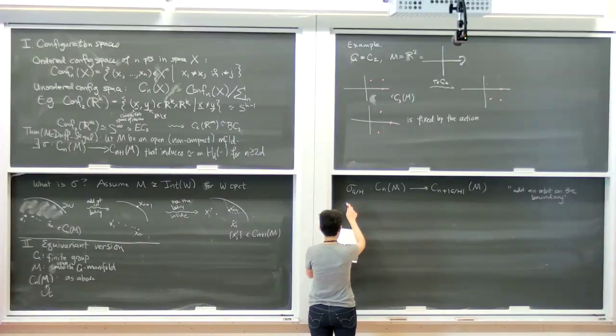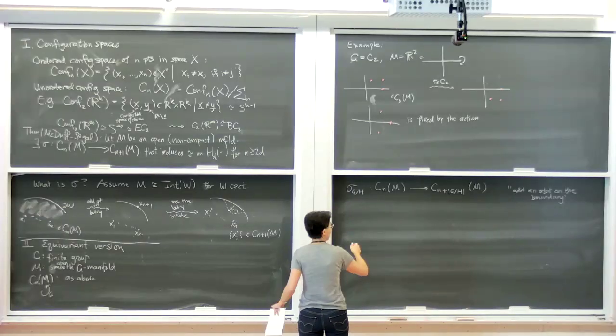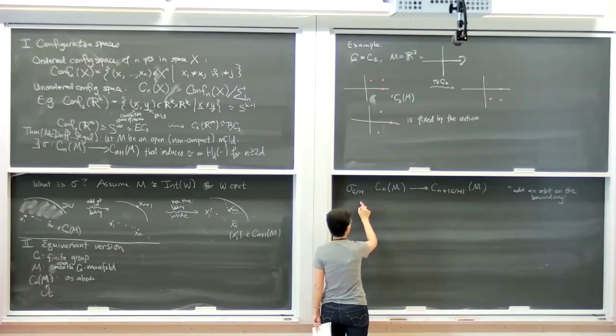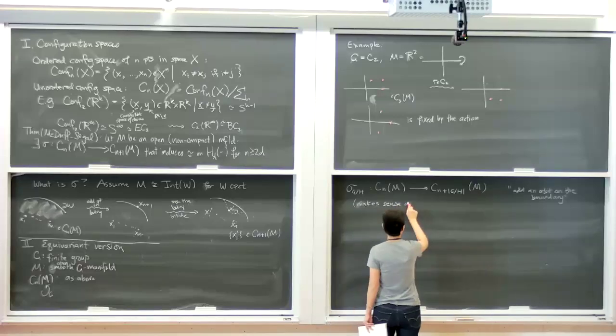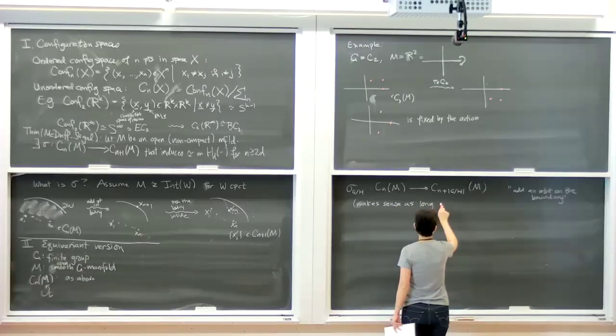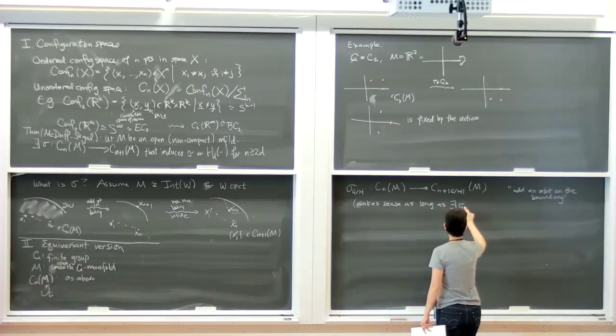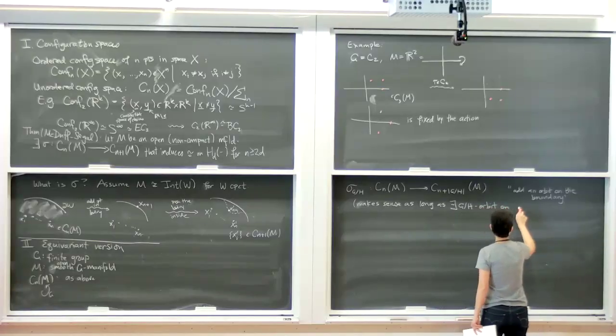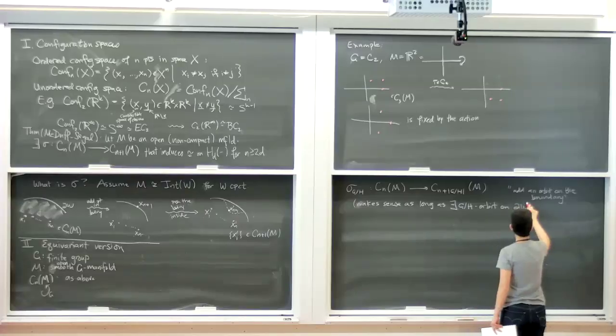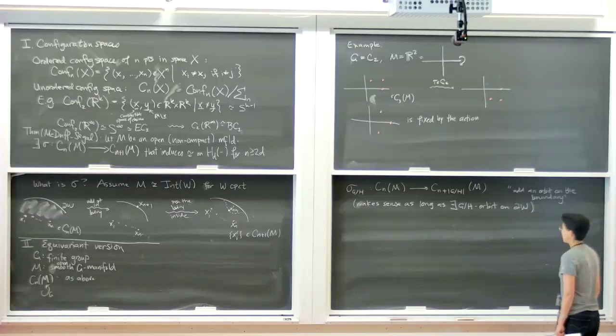Okay, so I can do this in roughly the same way. This makes sense as long as there exists a G mod H orbit on the boundary of this extra W manifold.